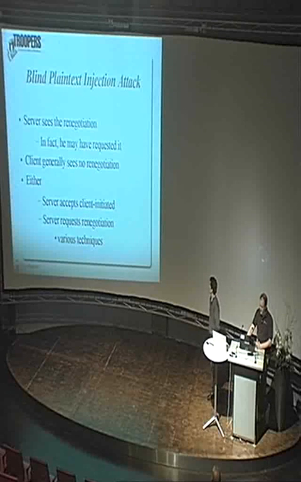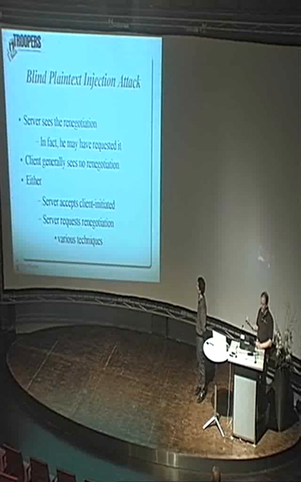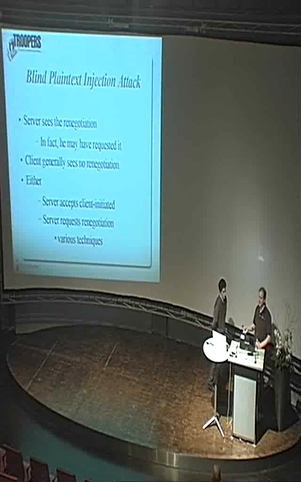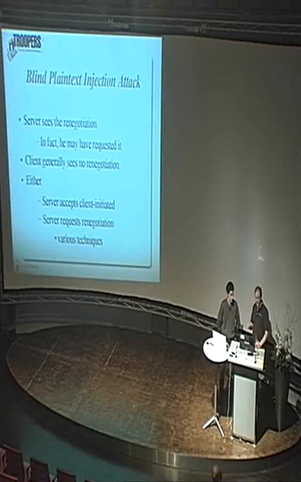Some of them don't. In this case, the server sees the renegotiation, and the client does not. But the server may even be the one who requested the renegotiation, so it doesn't look unusual to him at all. But one of two things needs to be the case in order for this attack to be practical.